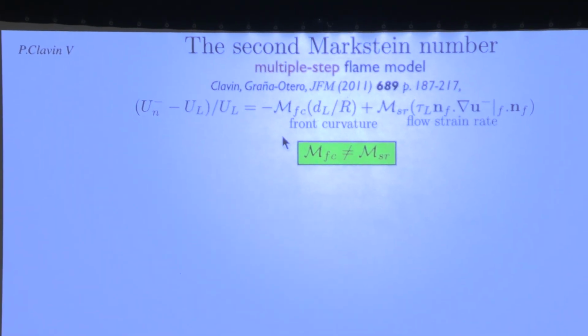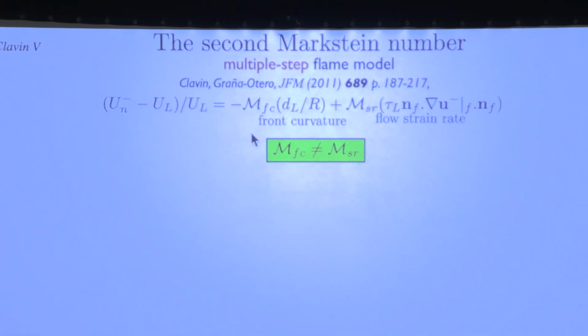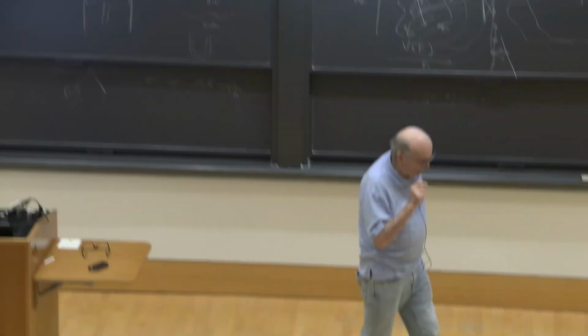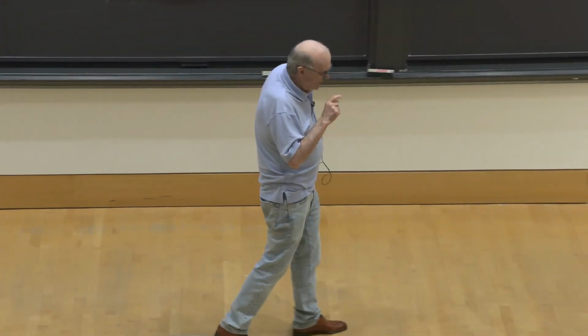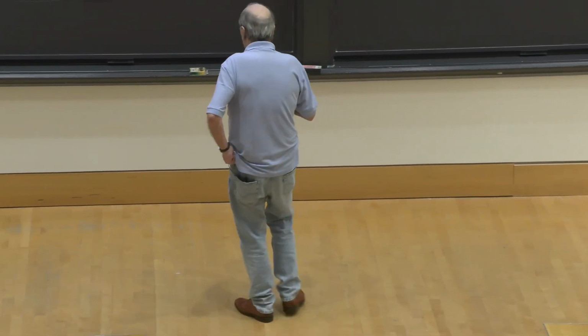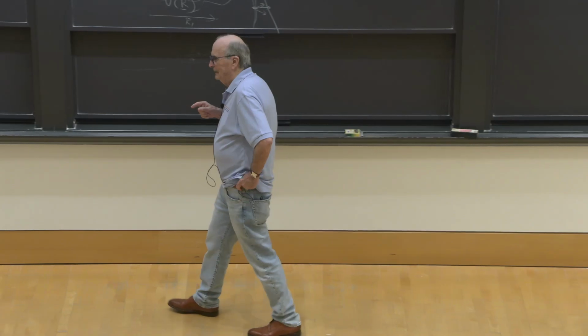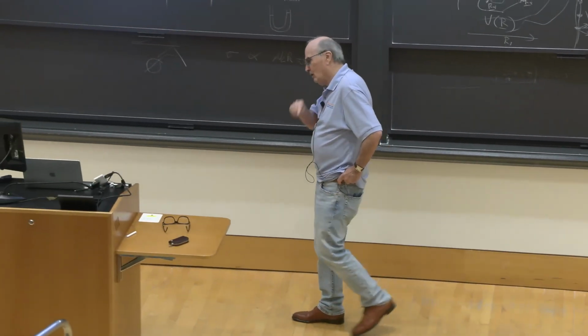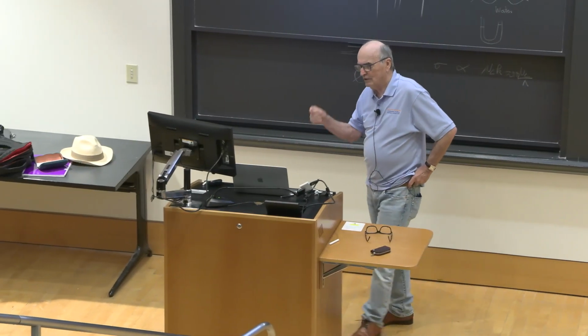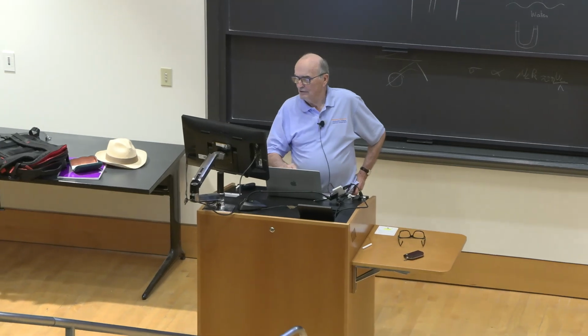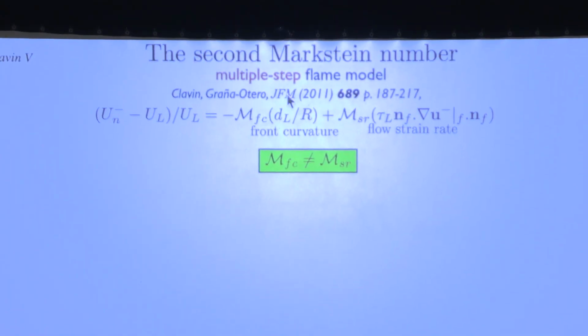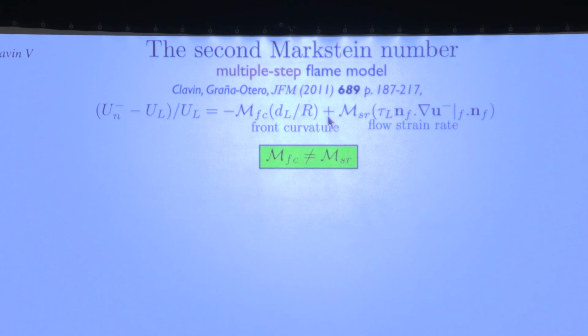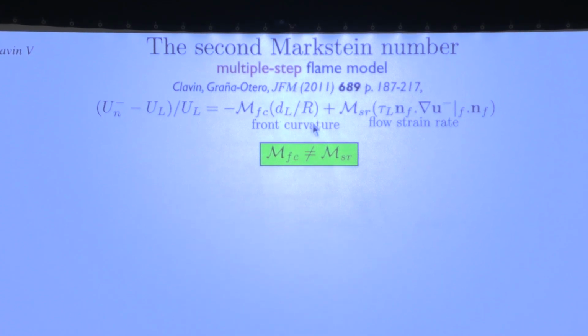It turns out, but this was known by experimentalists, by people in England, right at the beginning, that the Markstein number is not the same for the curvature effect and for the stretch rate. It turns out that there are two Markstein numbers: one different for the curvature and one for the strain rate, the flow strain rate.